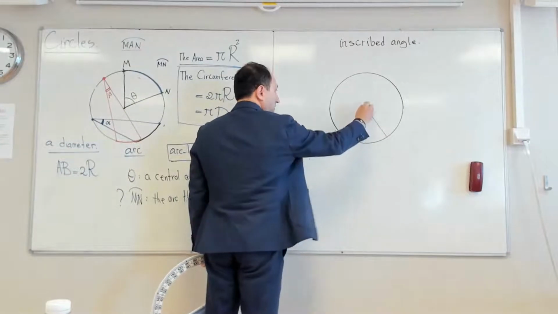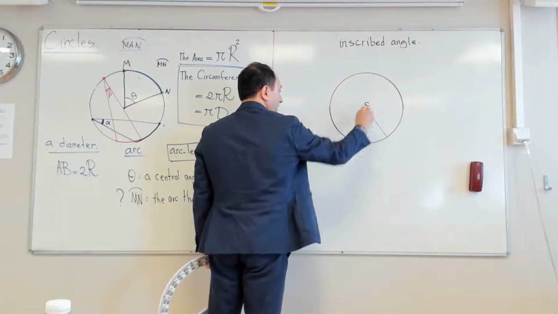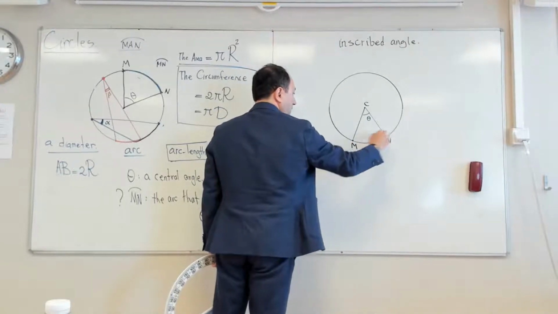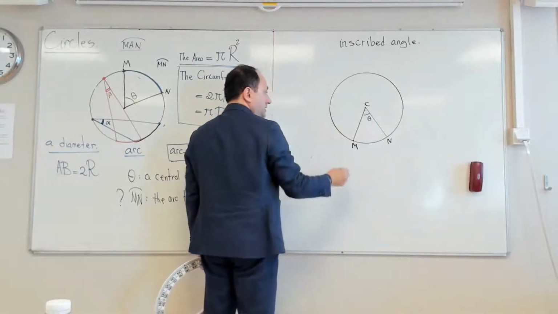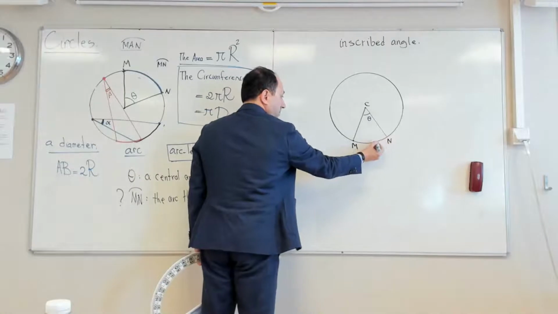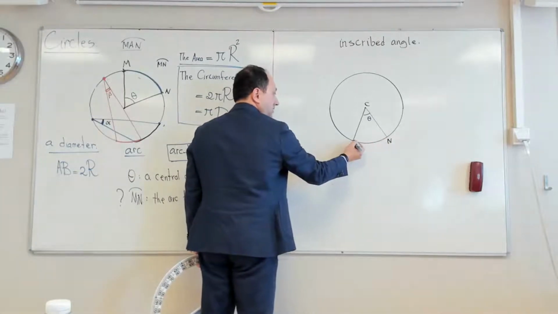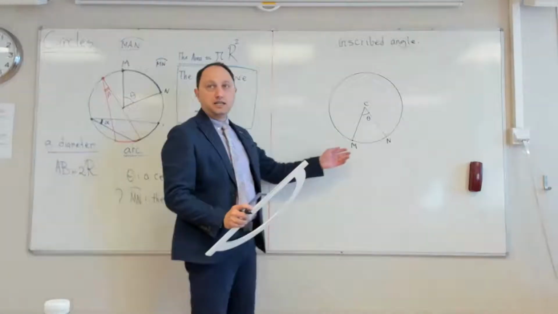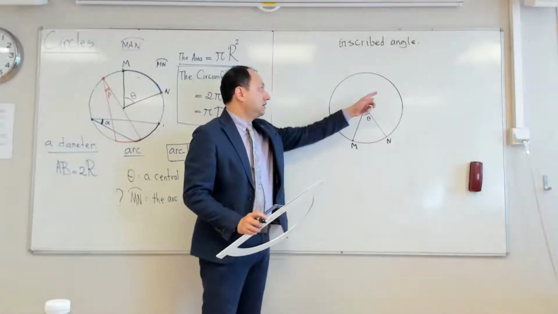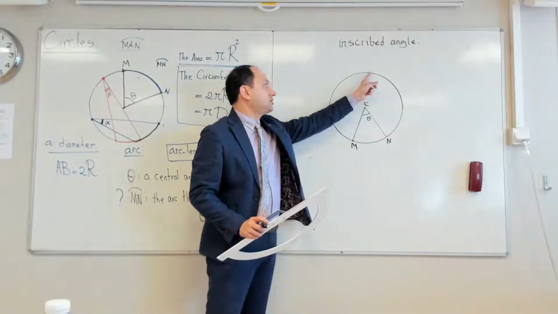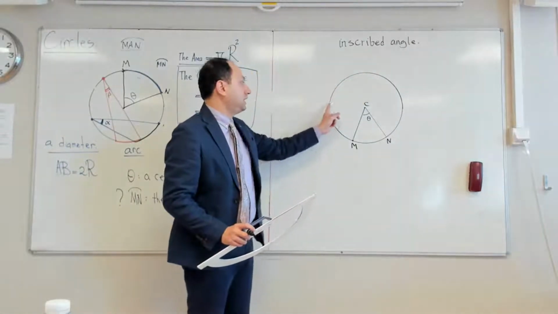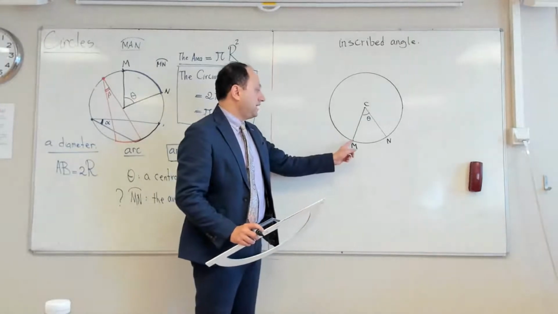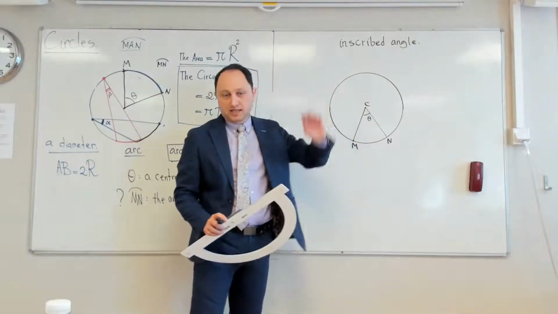Let me call this center C, and let me call these points M and N. If I ask you which arc is subtended by this angle, you would say MN is the arc subtended by this angle. Now, let me draw any inscribed angle. It means that I should choose the vertex somewhere on the circle, and I want to subtend the same arc with that angle.